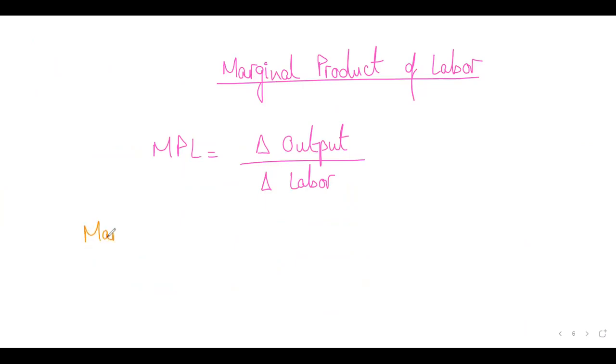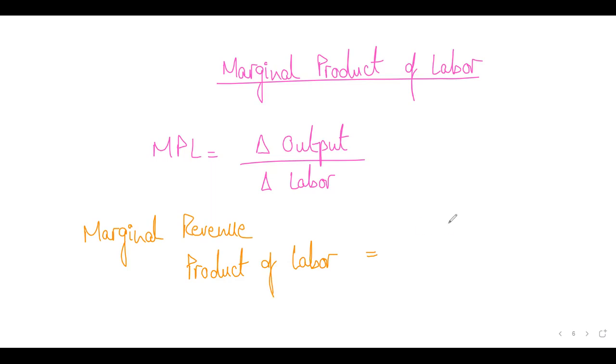Marginal revenue: what idea do you get from marginal revenue? That means additional revenue, but this is not just marginal revenue, this is marginal revenue product of labor. I'll let you guess. Exactly. Excellent.